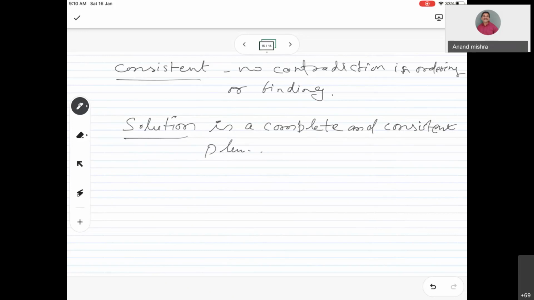Okay, the example is ready. So now you can see it.